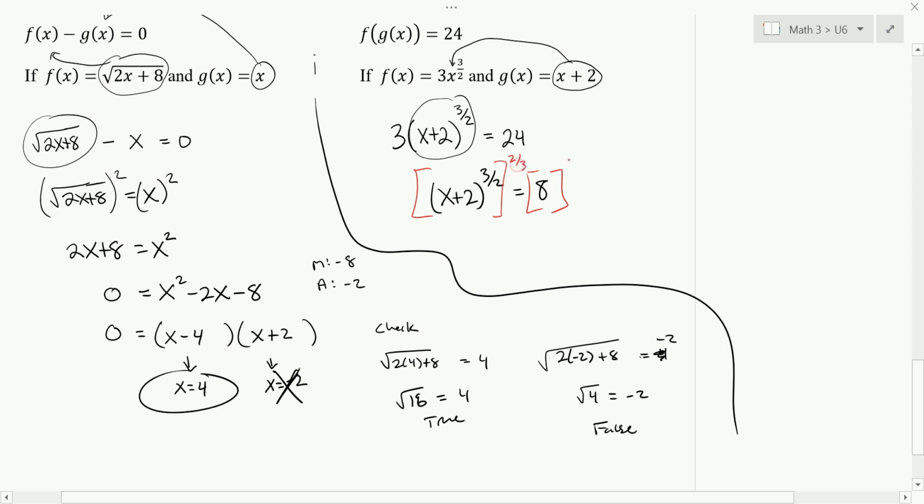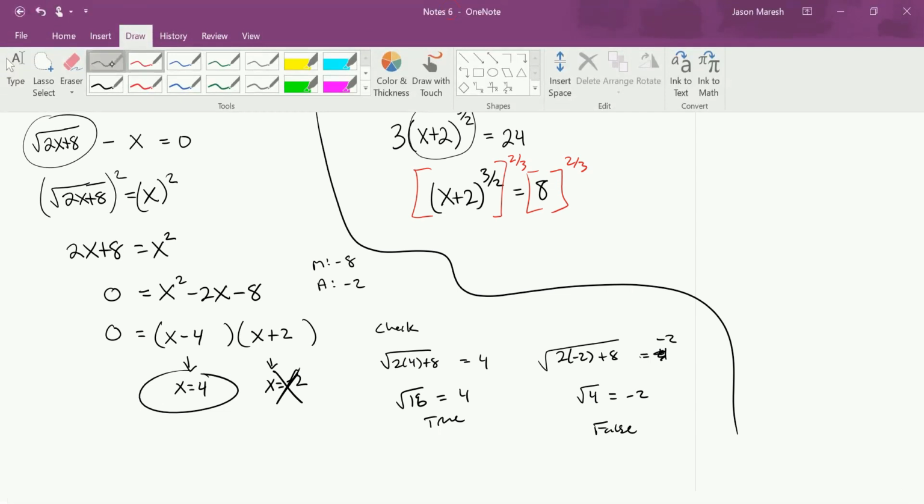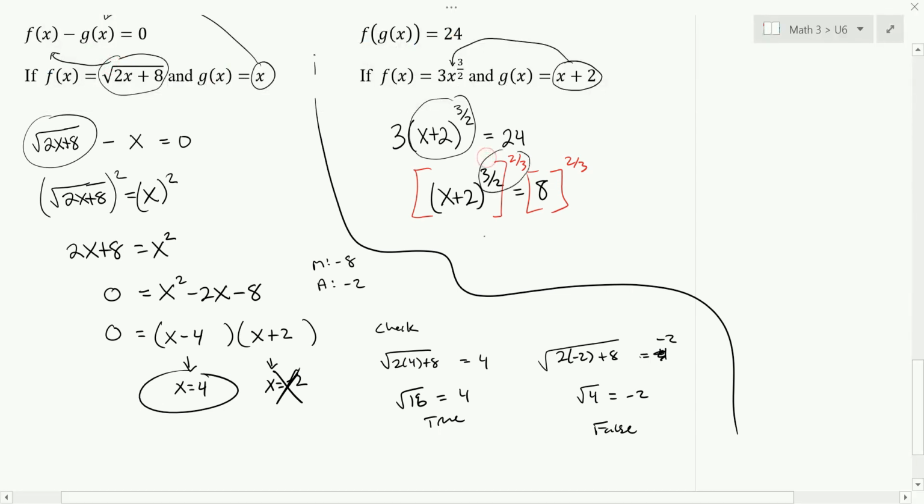So raise both sides to the 2/3 power. When we do that, this becomes 1, and you just get x plus 2 equals 8 to the 2/3 power. Now remember what 8 to the 2/3 power means. It means the cube root of 8 squared, which is 2 squared, or 4. So this really reads x plus 2 equals 4.